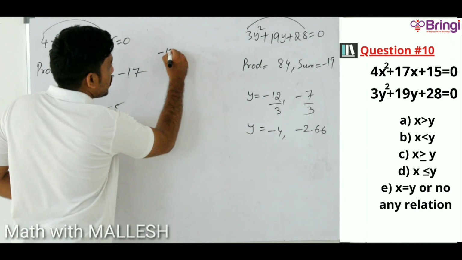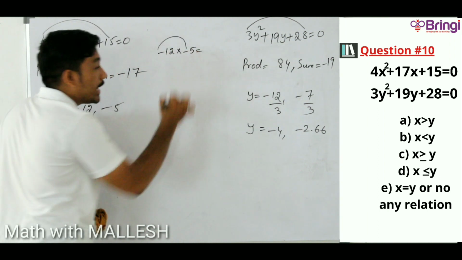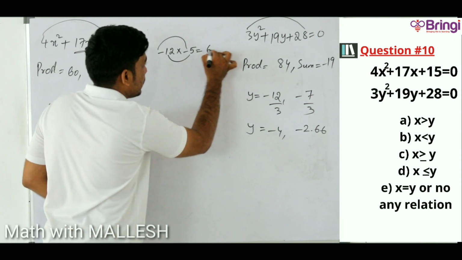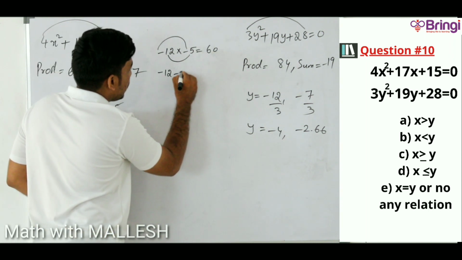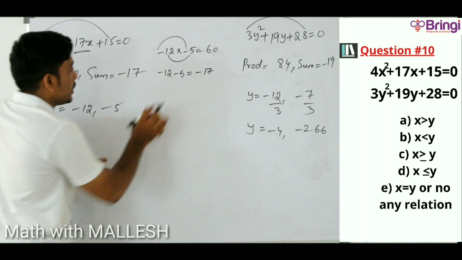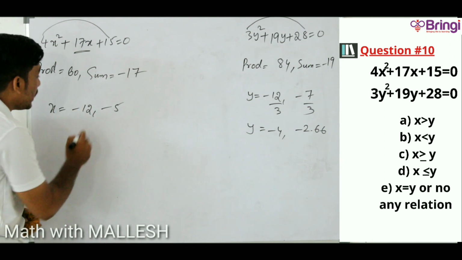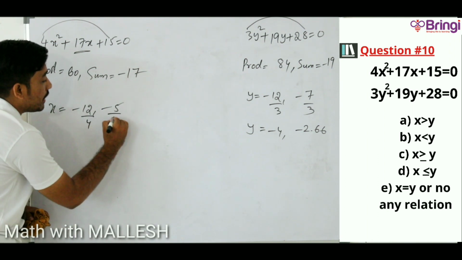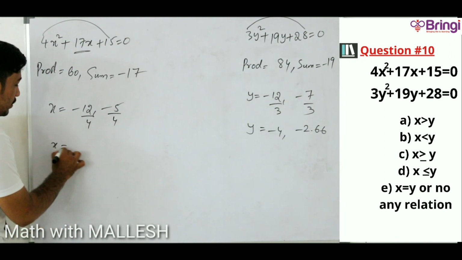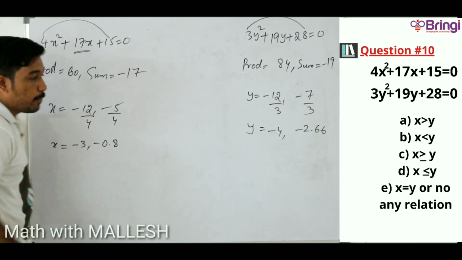Negative into negative is positive. 12 fives are 60. Yes, coming. And negative 12, negative 5 sum is equal to negative 17. So the answers are minus 12 comma minus 5, and again we have to divide with the x square coefficient 4. So x is equal to minus 3 comma minus 0.8.